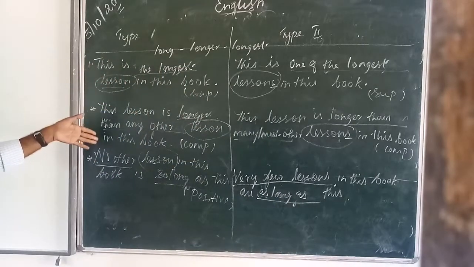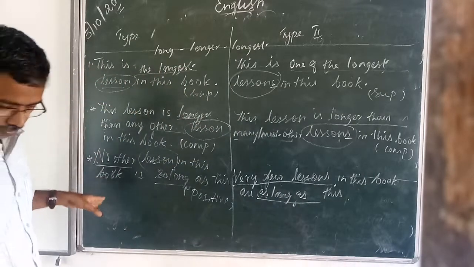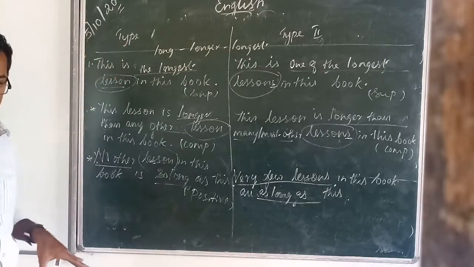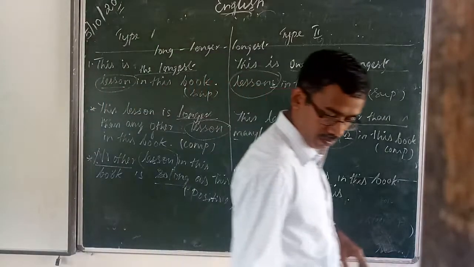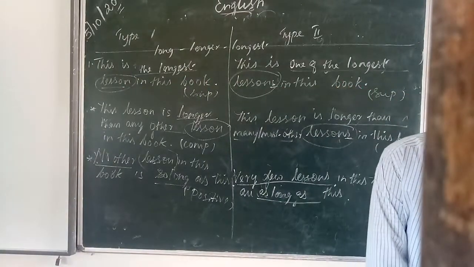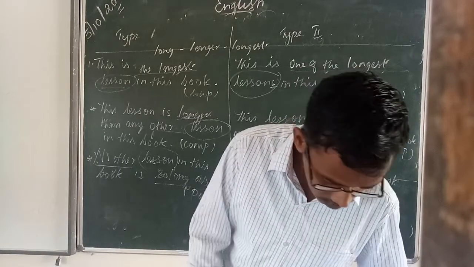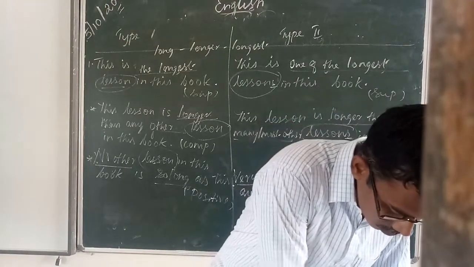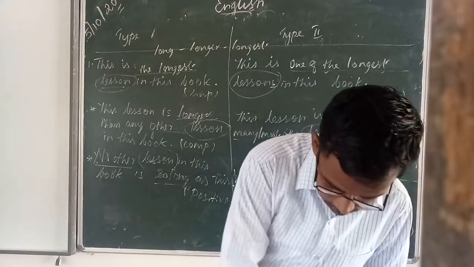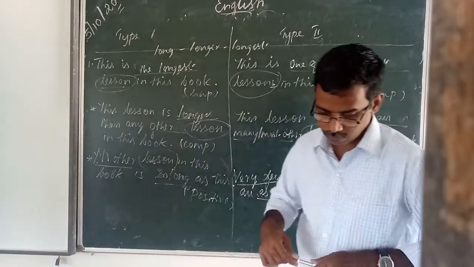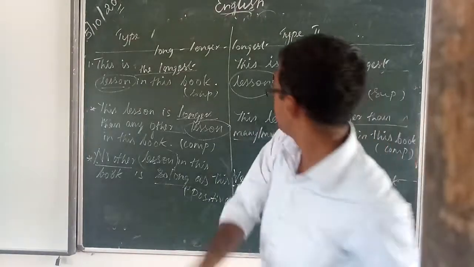Then choose the best type also from type 1 and type 2. I will give one more example.